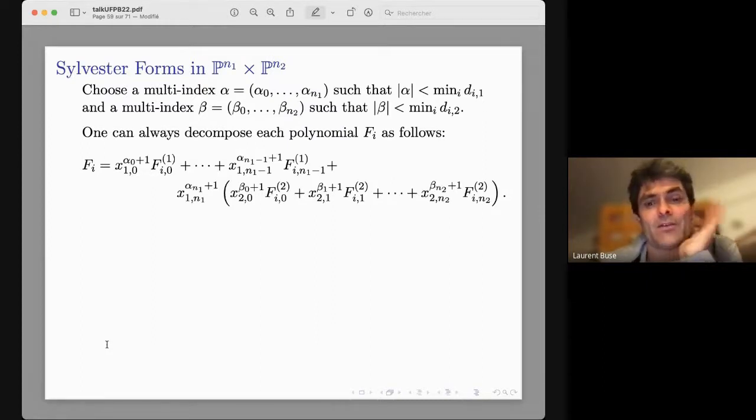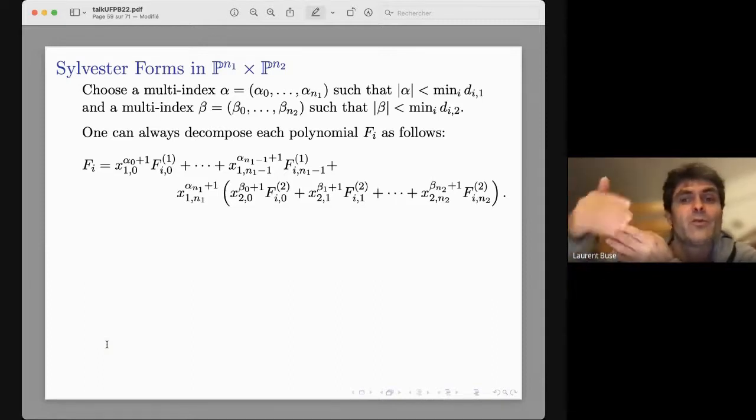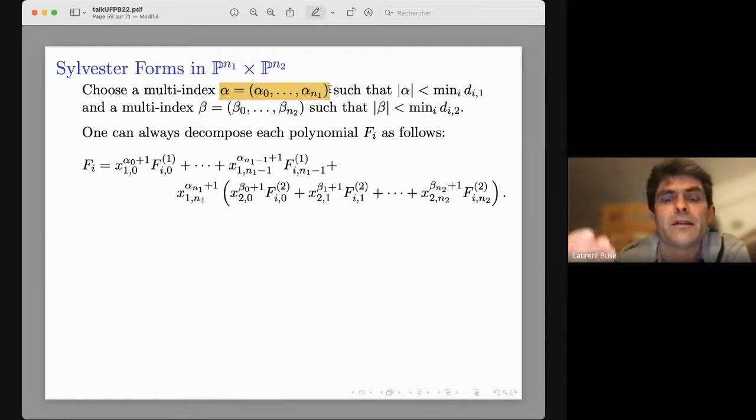So you see that the decompositions we did, we can actually extend them with the same idea as the Sylvester forms we defined over P^n. That is, instead of decomposing with respect to the variables, we will put some powers on the variables. So here, for instance, we take a multi-index alpha with respect to the first P^n1.